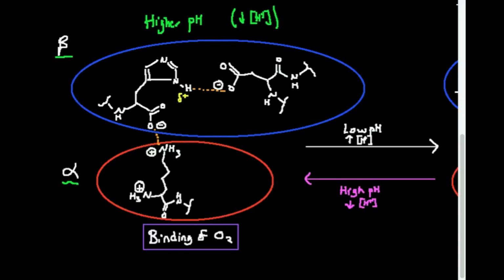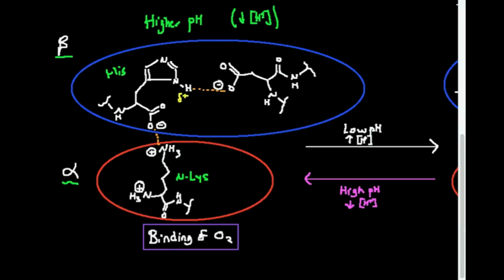All right. So what happens? Right here, you can hopefully see this is a lysine residue. In fact, this one is the N-terminal lysine residue. We notice that it has an R group right here, and its R group is a protonated amine. It's going to be really important. Over here, this is actually a histidine on the beta subunit.